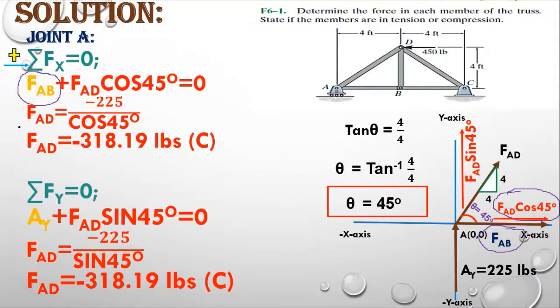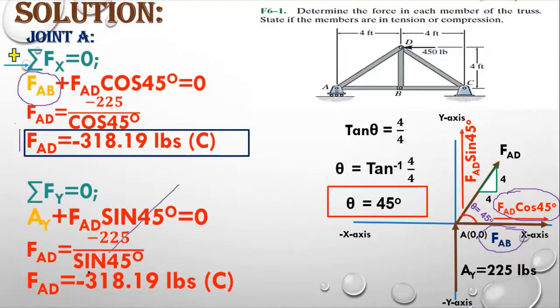So there is no need to go for the vertical force summation, but I just want to tell you that you can prove your answer as well. It is not asked in the question, but if you want to satisfy yourself whether your answer is correct or not, you can also go for the vertical forces summation.